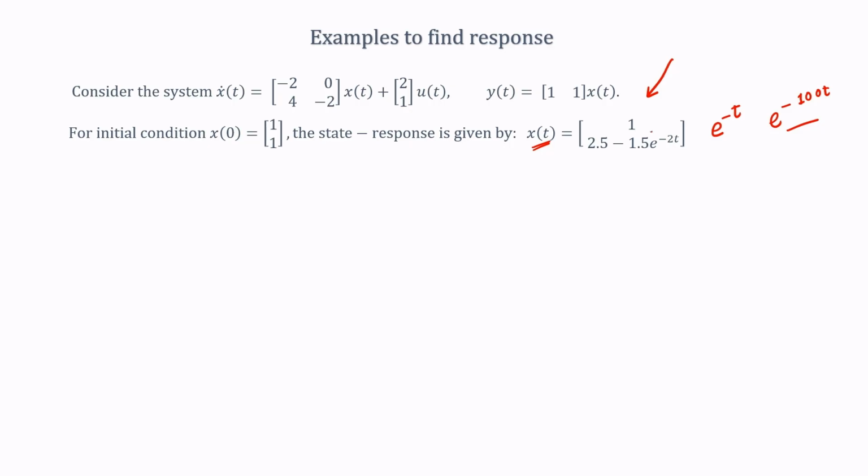So, if I want to change this term, I will have to go ahead and change this matrix itself somehow. And one more important thing to note here is that the power of the exponential term is nothing but the eigenvalues of this state matrix.